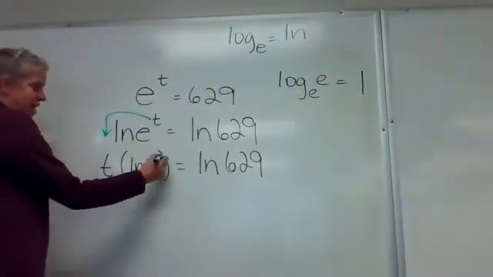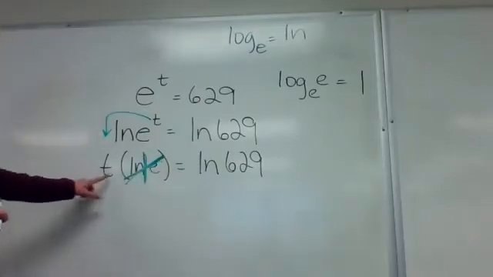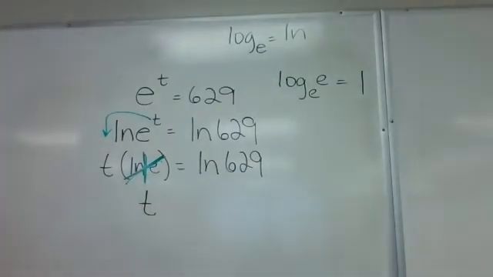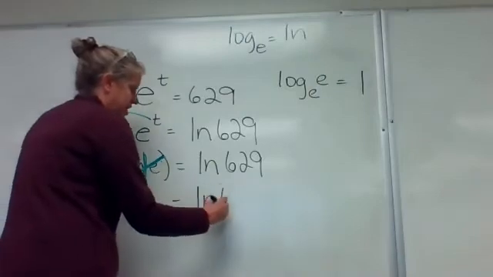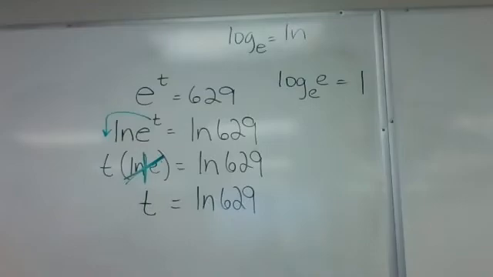So anytime you have ln of E, that is actually just a 1. So I have t times 1, which is just t, equals ln of 629.